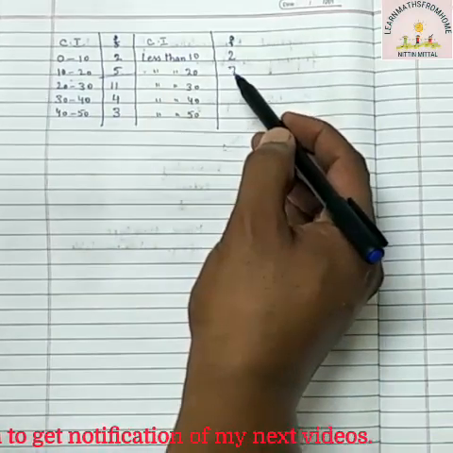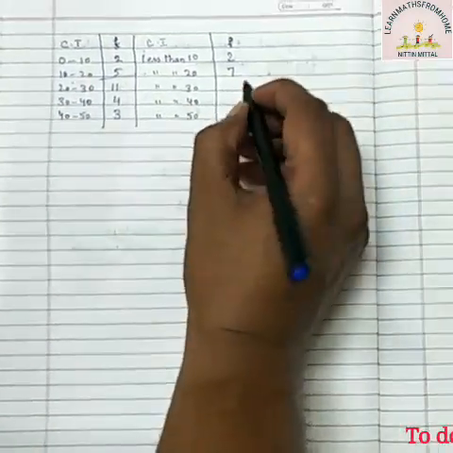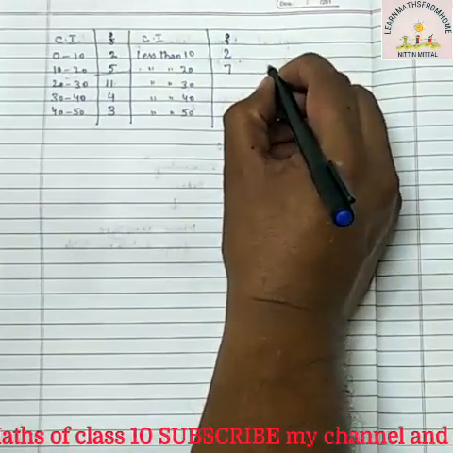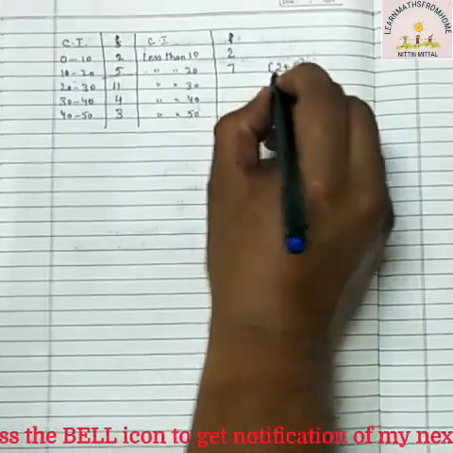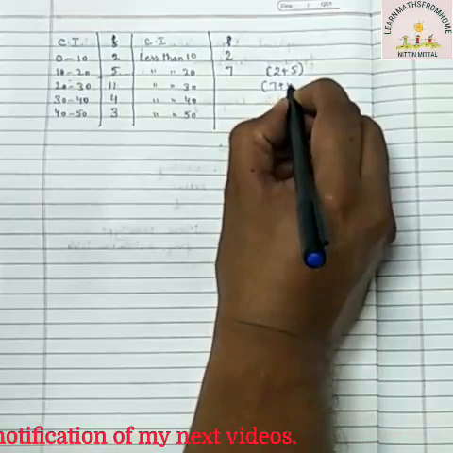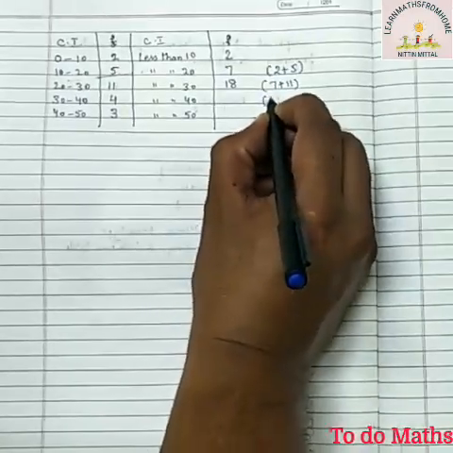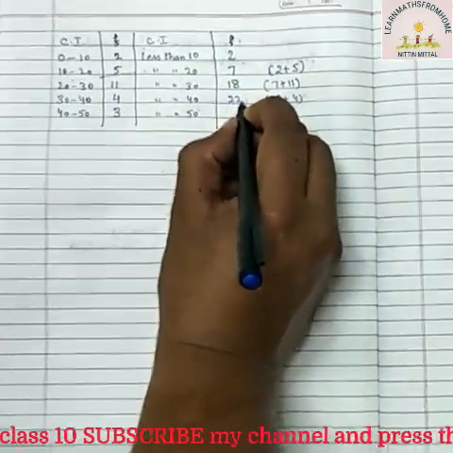Or you can say whatever is the previous frequency, add the next frequency in that. So we get here, like for example, first is same 2. Then we did 2 plus 5, 7. And for next we will do 7 plus 11, that is 18. Next 18 plus 4, that is 22.